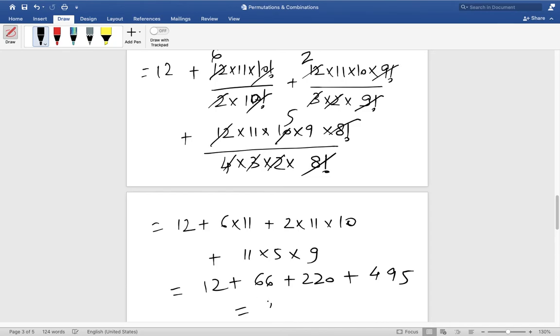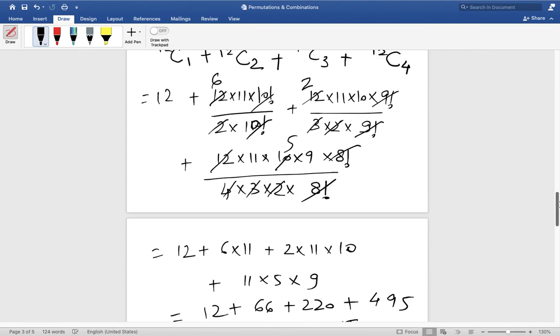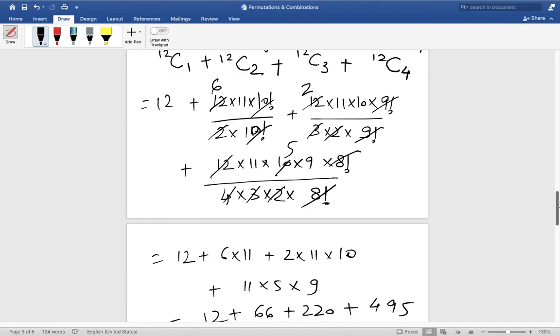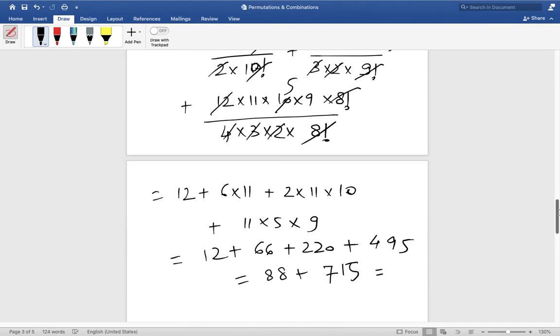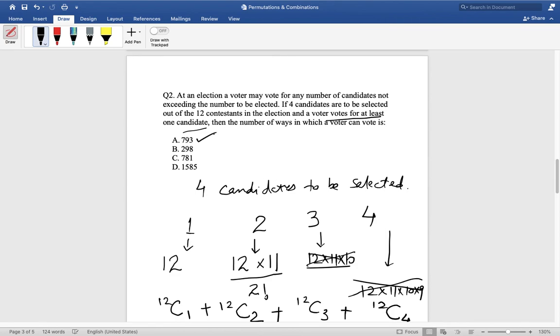Adding these up, the total is 793. Okay, we're done. 793. So option A is correct.